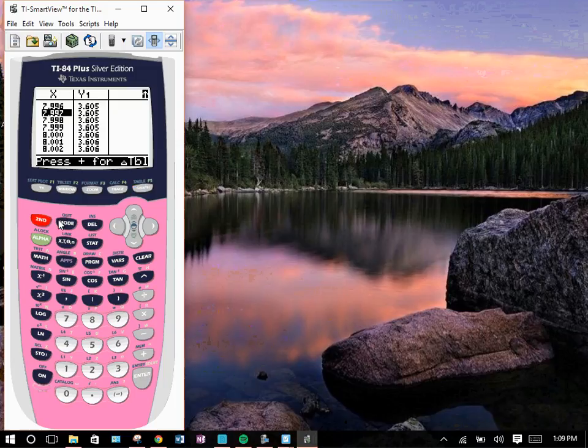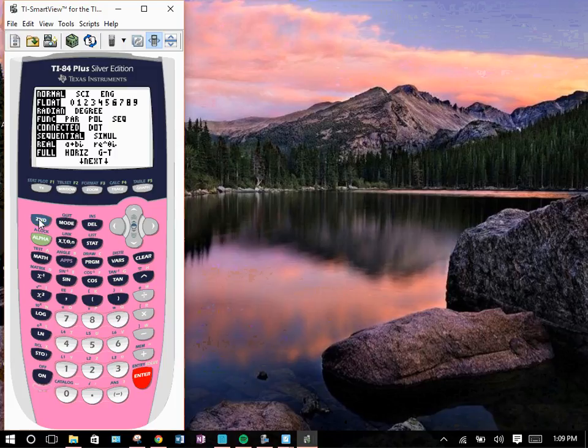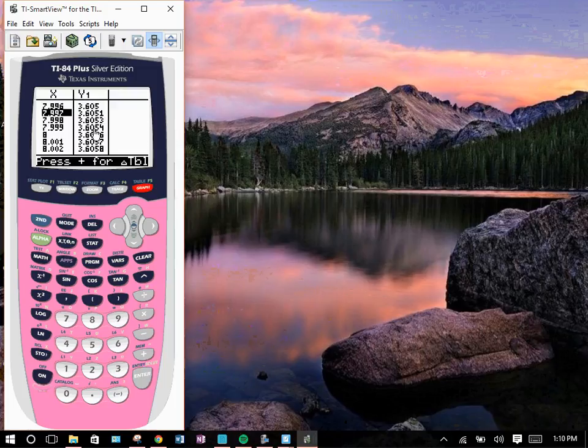Actually, your calculator's display says something a little different than mine, so let me do something real quick. The square root of 13 is 3.60555125. Looking at my table again, it reads 3.6053, 3.6054, 3.6056, 3.6057.